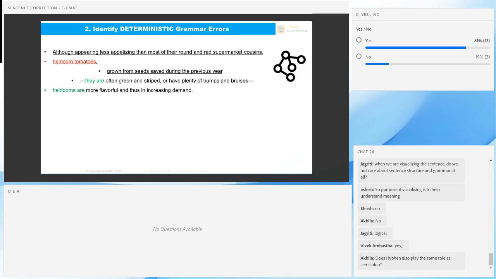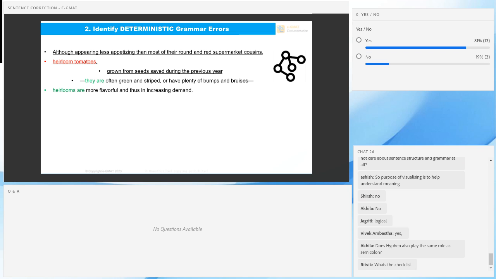Okay, so that's what you do. Now, again, in this case, you don't have to worry about the hyphen. In fact, this is one of the non-deterministic errors, because people use dashes in various different ways. You don't have to worry about that, because there's hardly any question that's going to be testing your knowledge of dash.